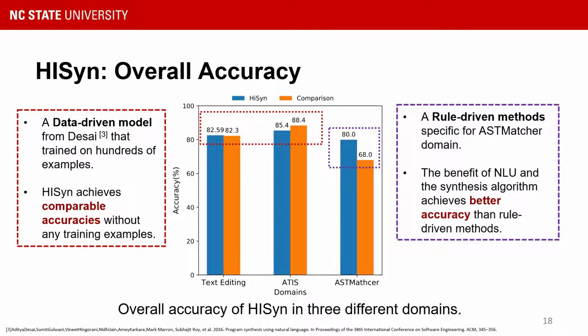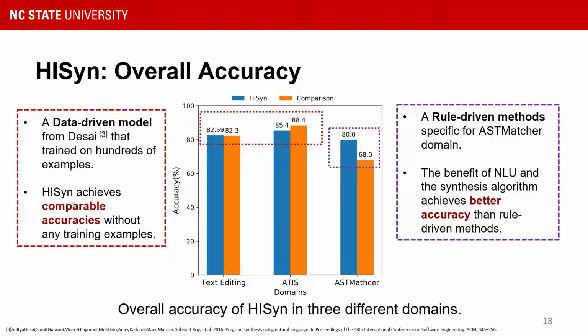When evaluating on these 3 different domains, we find that HiSyn has an overall accuracy of at least 80% on all 3 domains. That is, the code expressions generated by HiSyn are exactly the same as the ground truth code expressions in at least 80% of the test cases. For the first 2 domains, this is on par with the leading data-driven approaches.